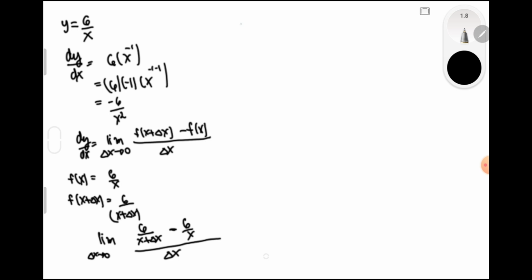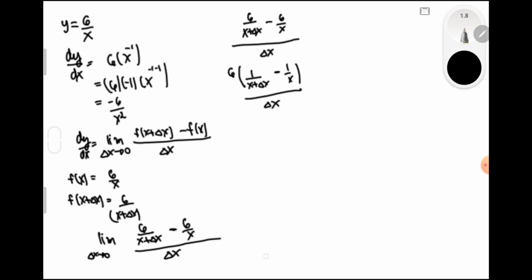So by further manipulation of the equation, we'll have a value equal to 6 over x plus delta x minus 6 over x all over our delta x. So factoring out 6, you'll have a value of 6 multiplied by 1 all over x plus delta x minus 1 over x, divided by our delta x.